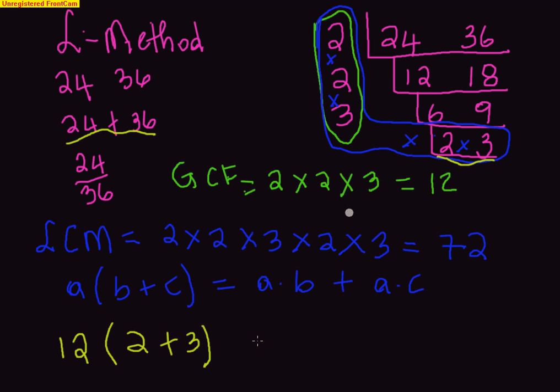So isn't that amazing? We're not done yet. We have one more thing I need to show you: the fraction piece of it. If we need to simplify this fraction, typically what we do is we have 24 over 36 and then we want to divide by the GCF to make sure that we get it simplified, right? So that's going to be divided by 12, divided by 12, and that's going to be equal to: 24 divided by 12 is equal to 2, and 36 divided by 12 is equal to 3.